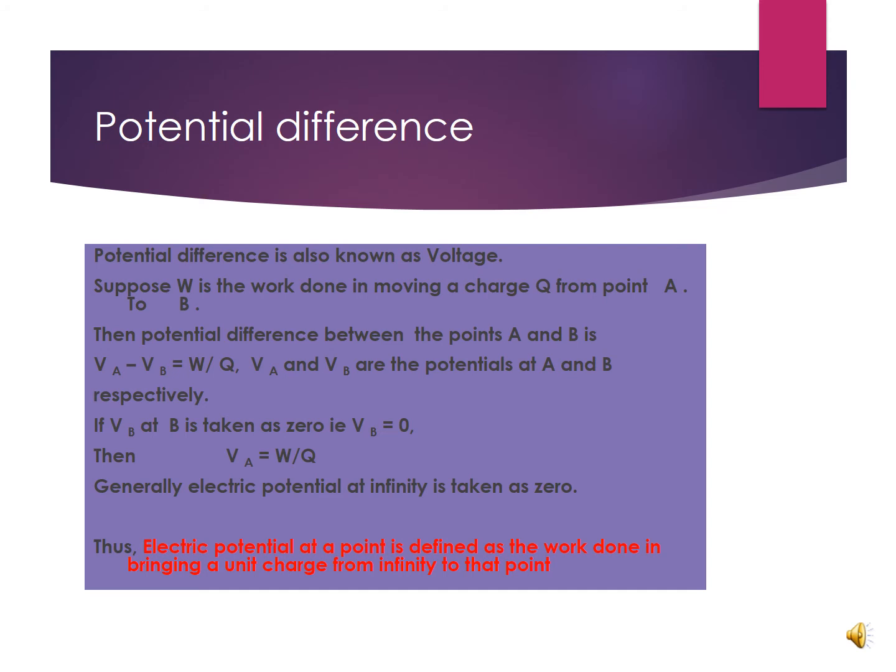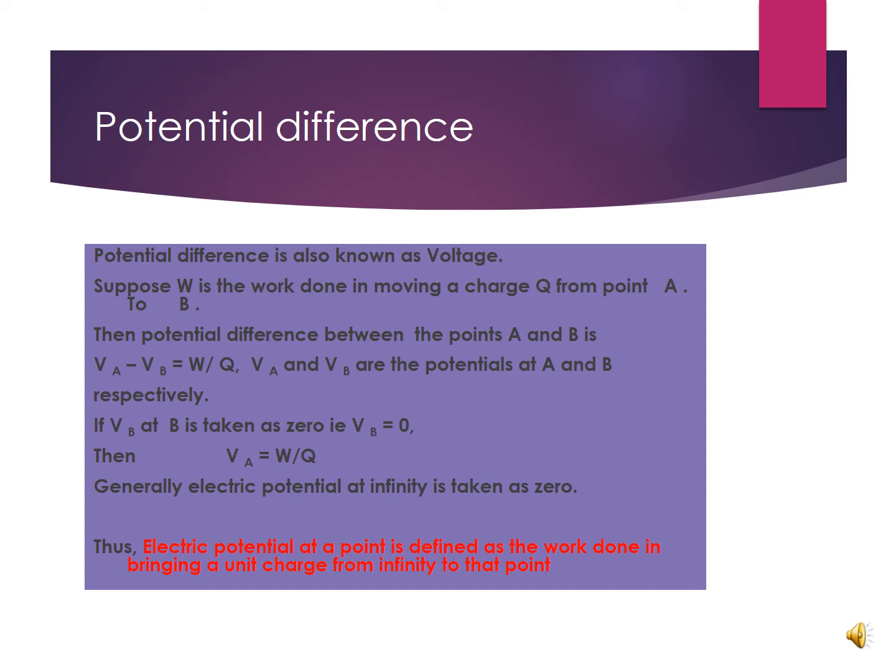Potential difference is also known as voltage. Potential difference or voltage between any 2 points is defined as the work done in moving a unit charge from one point to another on a conductor or in an electric field. See here, W is the work done in moving a charge Q from point A to B. Then the potential difference between the points A and B is VA minus VB.